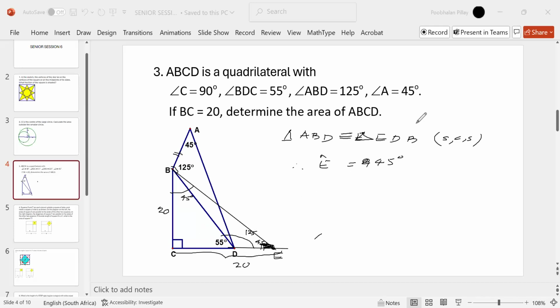So now, what is the question? The question is to find the area of quadrilateral ABCD. Now, let's analyze this area here. ABCD is made up of two areas.